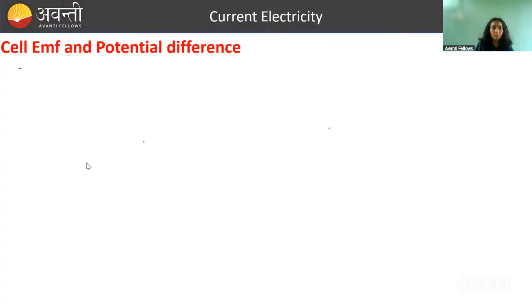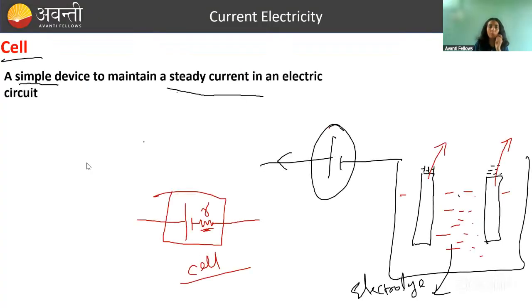Now we define two things. One is your cell EMF and another is your potential difference. So just now I told you when this R will get felt. I mean, when you will feel that market is too busy, when you will go to the market, right? Or when you will start traversing through the market lanes, then only you will get to know, okay, there is so much crowd.